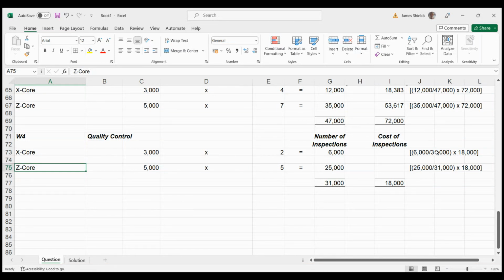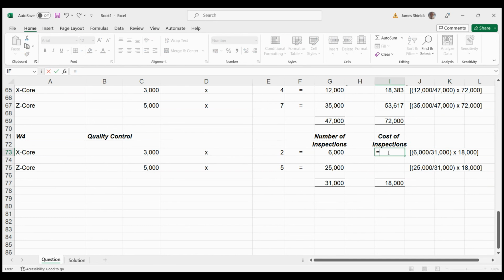So again, I've got the little calculator on the right here. So the cost of the inspections for X core would be your 6,000 times 18,000 divided by 31,000. That comes to 3,484.